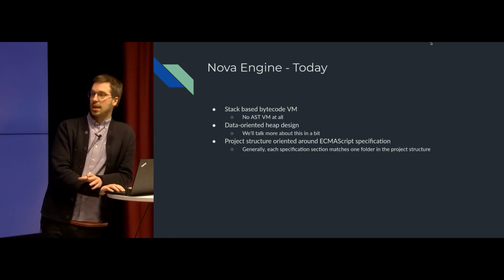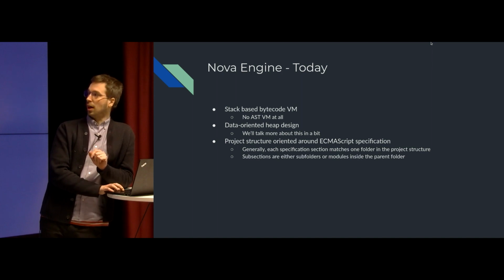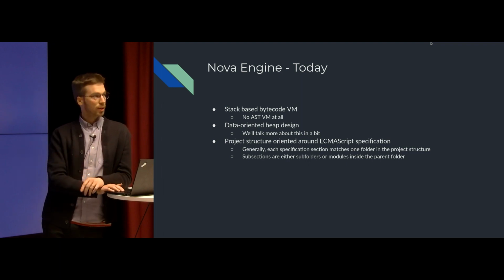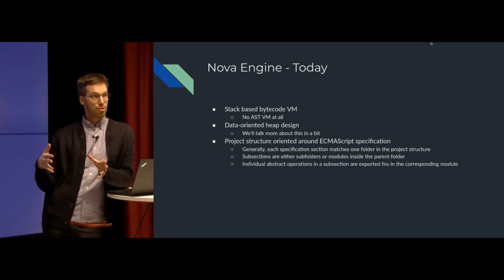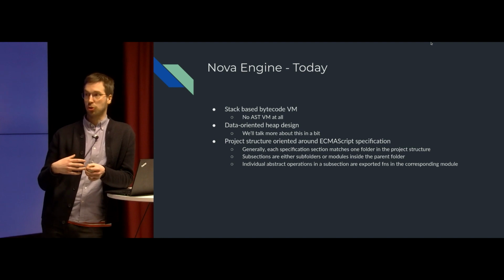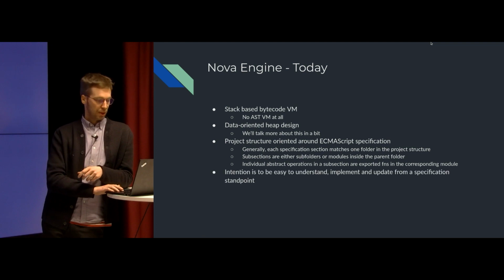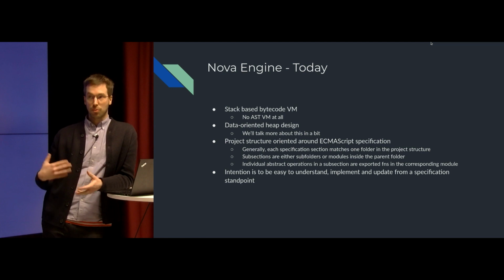But the idea is that generally, if there's a section in the specification, we'll have a folder for that. If there's a subsection, then either we have a module or a subfolder for that, depending on how deep the rabbit hole goes. And when the spec starts to explain abstract operations, we'll have a function for that in the module. The intention is that this should be easy to understand for someone who has read the ECMAScript specification.